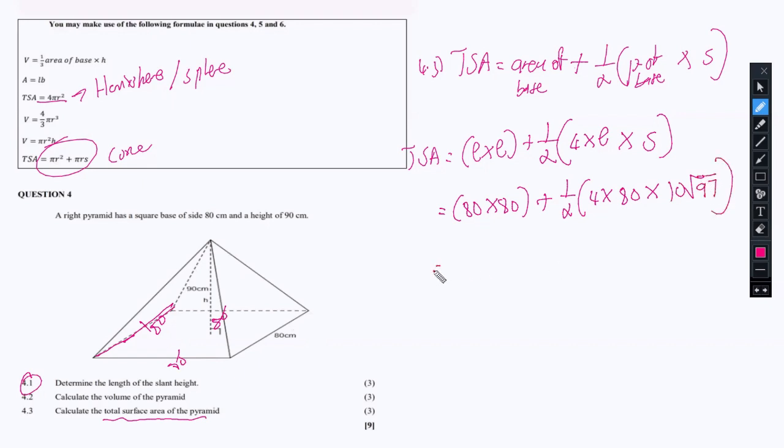And then you simply punch all that into your calculator. You get 22,158.17 centimeter square, right? Correct SI unit. Okay, and that's how you were supposed to calculate that.